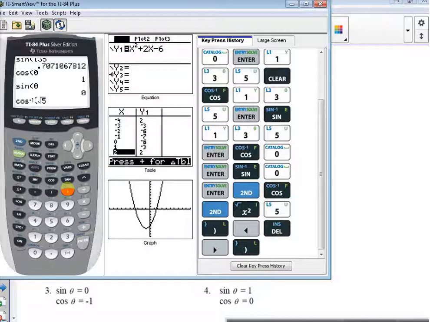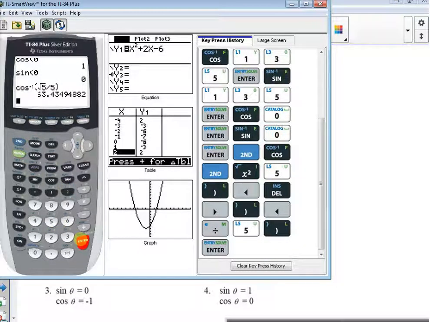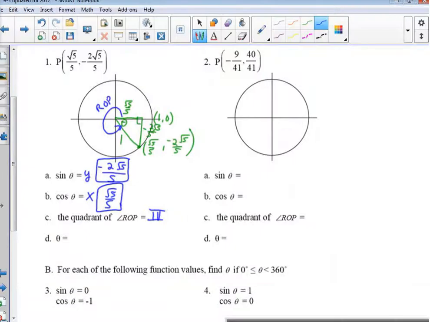There we go. I don't need that divided by 5, I just can't have that radical extending over the divide sign. Okay, so there we go, second cos. So there's my angle, 63.43.